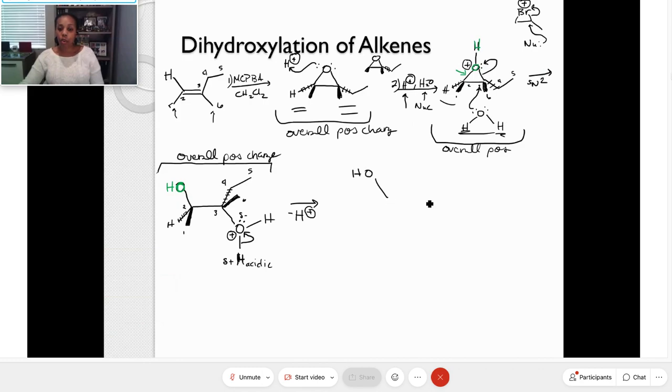And so this is going to be my product where my oxygens have been added anti to one another. Anti-addition for the two oxygens. Show the stereochemistry here for carbons 4 and 5. There's my carbon 6, 3, 2, carbon 1.